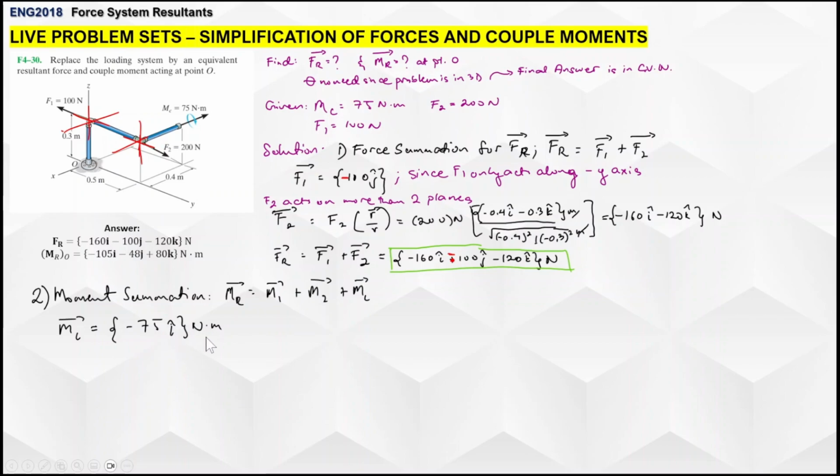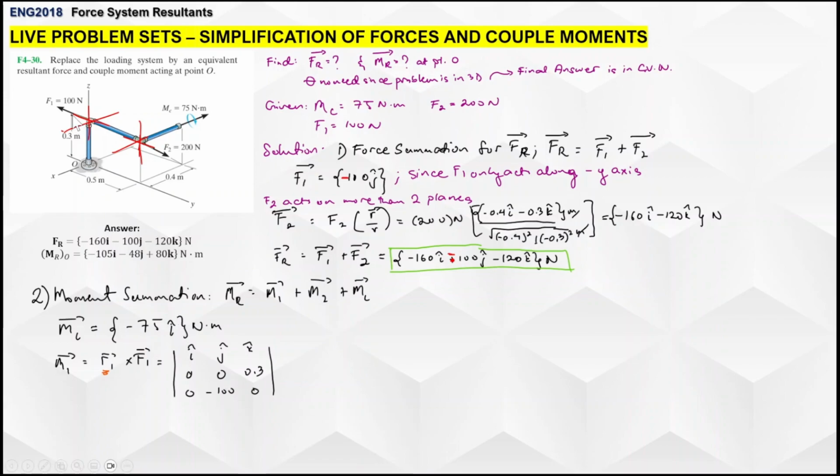For M1, okay, you gotta do a cross product here. So that's gonna be R1 times F1. So R1 here is simply just 0.3 k. It's positive, by the way, and 0, 0, since it doesn't have x and y coordinates. So it only has this particular point, just 0.3.